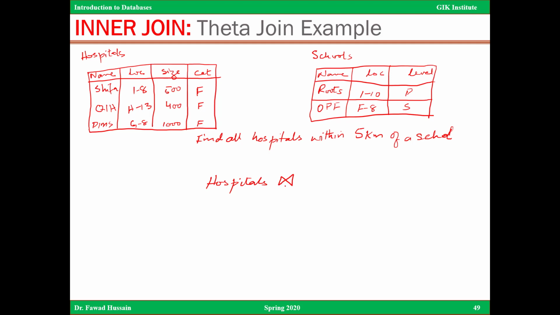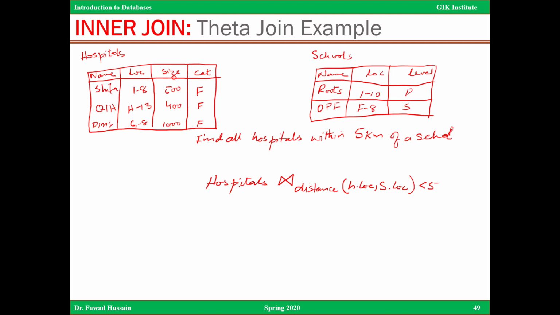This is tricky to draw. So maybe I use the distance function. So I use the distance, and then I have h dot location, so location of this h hospitals, and s dot location. This is less than 5.